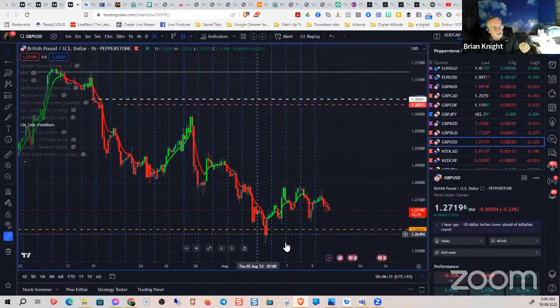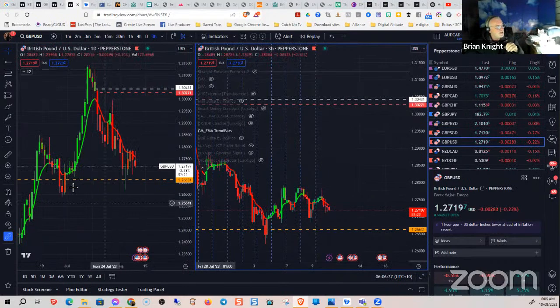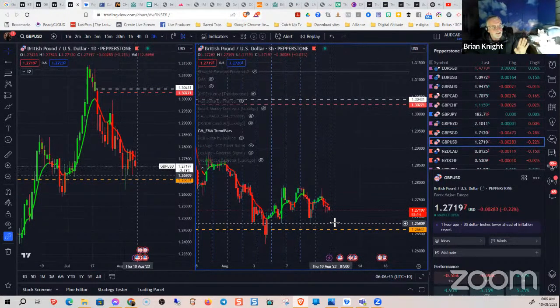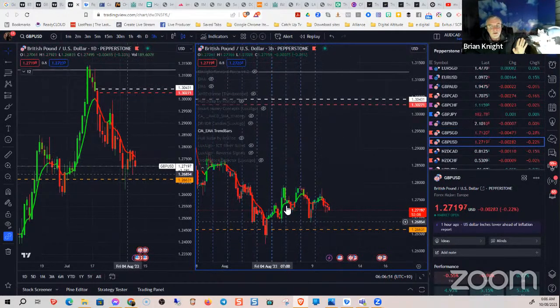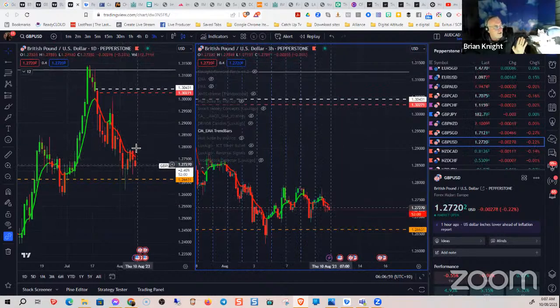It's now hit potentially a swing low and is potentially on its way back up. This is what I'm looking for on the daily, whether that changes. I'm not convinced that this has finished its sell, but I wasn't willing to get out of it, into it, out of it, into it, that sort of trading.